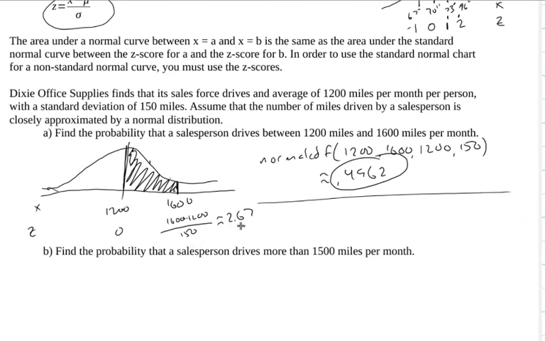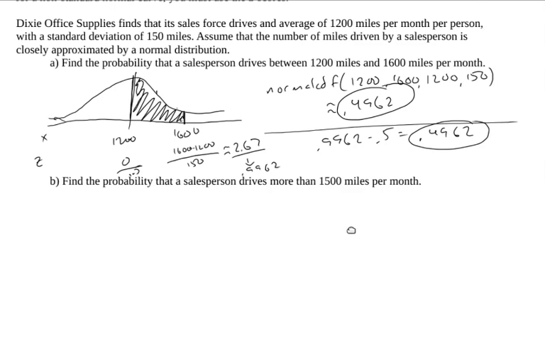The area to the left of this one is 0.9962. The area to the left of the mean is 0.5, right in the middle. So to find the area between them, I do 0.9962 minus 0.5, which gives me 0.4962. You can see I get the same value. It's just a few additional steps.